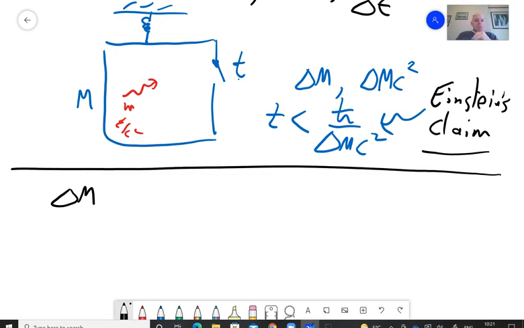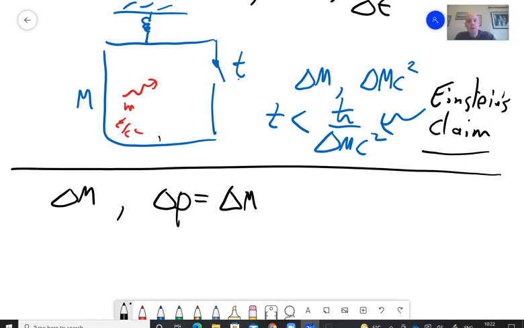there is also some uncertainty in the momentum of the box. And the uncertainty in the momentum of the box is delta P equals delta M times the velocity of the box.